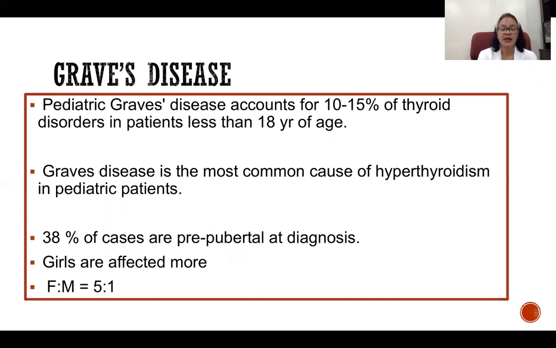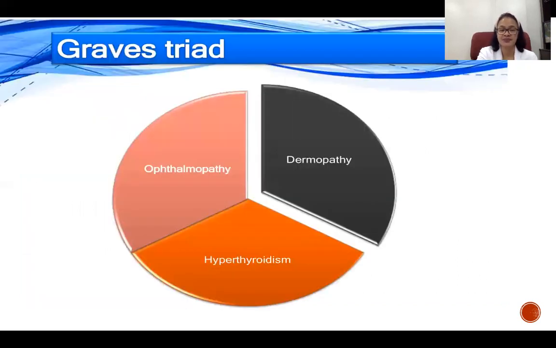But with regards to hyperthyroidism in general for pediatric patients, Graves' disease is still the most common cause. 38% of cases may occur before puberty, the diagnosis of which can be made as early as the pubertal period, and it's more common in girls than in males.